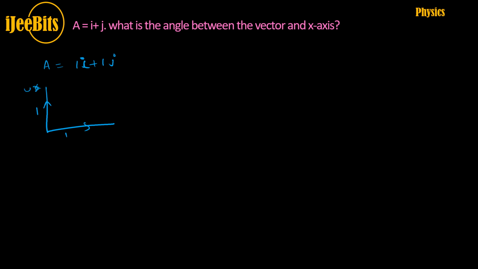That's all I can see now. So the resultant vector is what we need to know. How do you calculate the resultant vector? The magnitude of A is nothing but the square root of 1 square plus 1 square. How much? Root 2. So this is root 2.